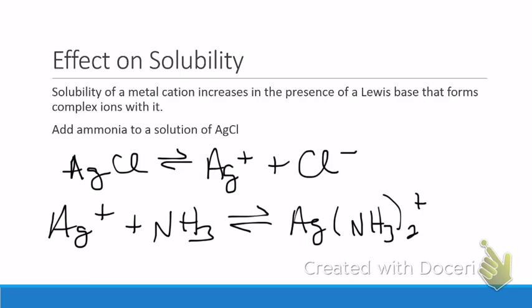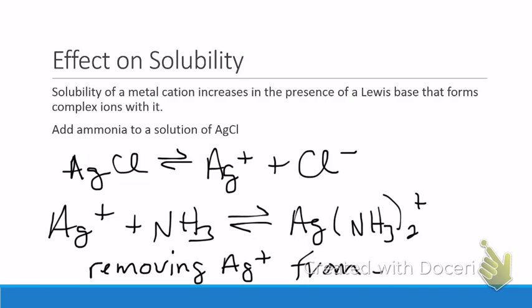So this is going to be removing silver ion from our first equation. We'll call these equations 1 and 2. So equation 2 is going to occur and remove silver plus from equation 1.